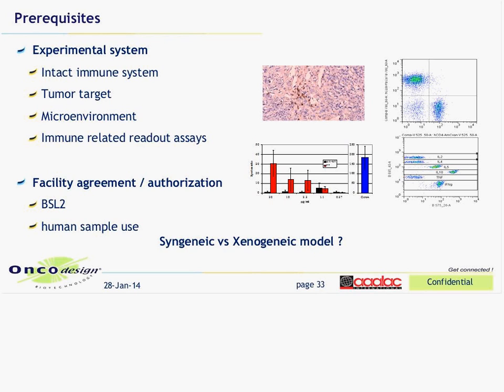To be able to perform such a kind of experiment, the husbandry, so the animal facility, needs to be biosafety level 2, and authorization to use human samples are also required.